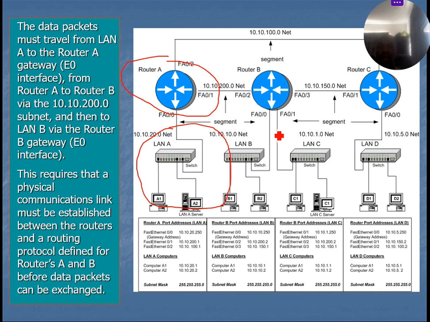So the router already knows that it's going to LAN B, local area network B. So it will forward the data packet through this Fast Ethernet 0/0 or E0 to this LAN B.